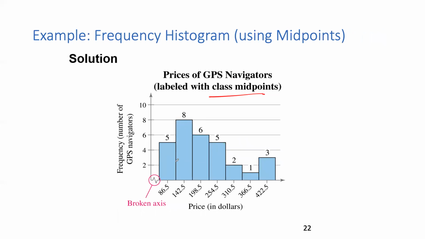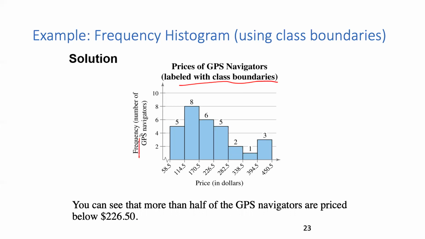The height of each bar still represents the frequency, and everything else goes through. So with the frequency histogram, remember that we are going to graph the frequency against either class midpoints, as it's in this case, or the frequency of each class against the class boundaries, as it is in this case. All right? Okay. So that's the first graph that you need to be familiar with: how to make a frequency histogram, how to read a frequency histogram, and so on. Okay. All right.